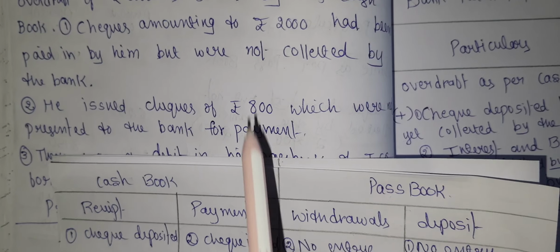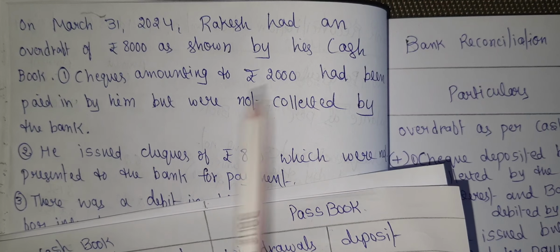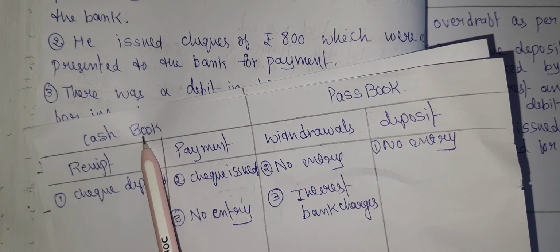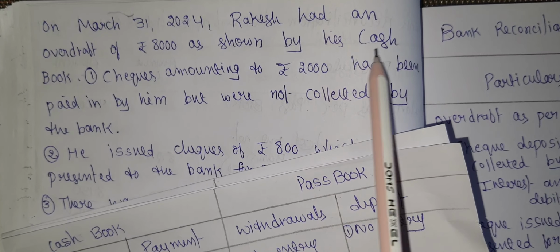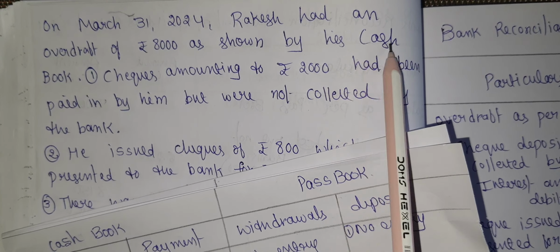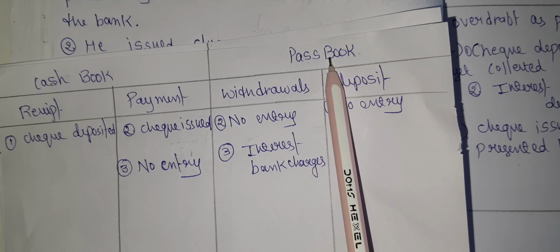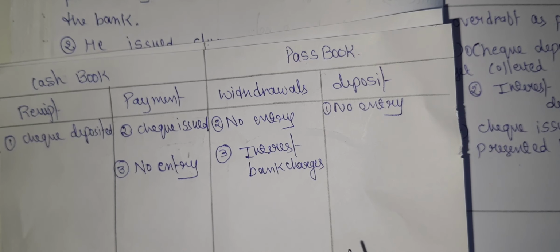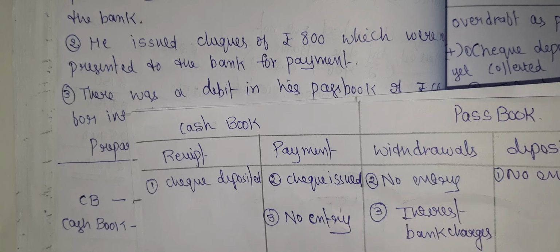Here they mention in the problem the overdraft by his cash book. So we have to check the effect on the cash book only, not the passbook. If they had given a favorable balance as per cash book, then we would check the effect on the passbook. But here they have given the overdraft of the cash book, so we have to check the effect on the cash book only.